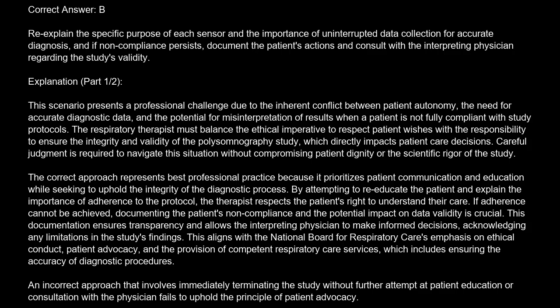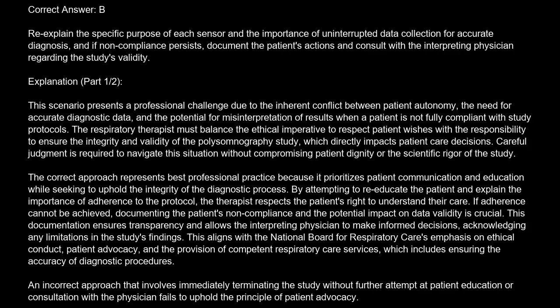The correct approach represents best professional practice because it prioritizes patient communication and education while seeking to uphold the integrity of the diagnostic process. By attempting to re-educate the patient and explain the importance of adherence to the protocol, the therapist respects the patient's right to understand their care. If adherence cannot be achieved, documenting the patient's noncompliance and the potential impact on data validity is crucial.